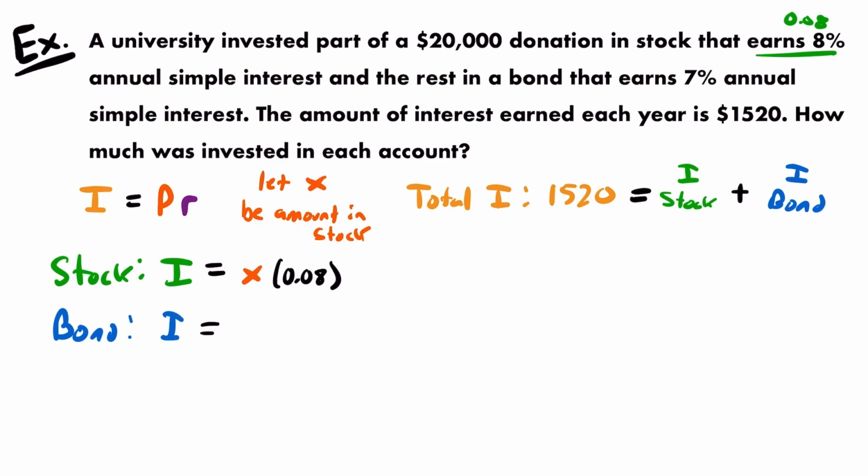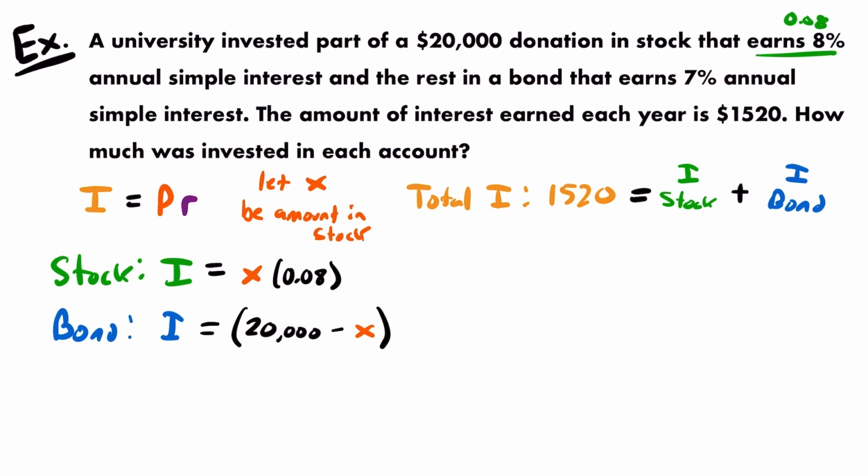If X is in the stock and there's a total of 20,000, then 20,000 minus X would have to be what's left over and what is put into the bond. All right, so the amount invested in the bond will be the total of 20,000 minus whatever was invested in the stock, which we let be equal to X. All right, so this is the amount invested in the bond, and that will be multiplied by the interest rate, specifically the simple interest rate for the bond, which is 7%.